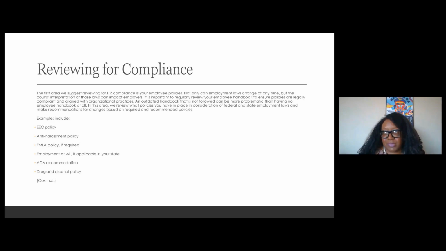We can try something and then roll it back and then fix it and adjust it and then roll it back out. But when we talk about compliance, we're talking about what the law says must be done in that equitable hiring process. And remember, how the law defines equitable hiring practices is reducing barriers to qualified candidates, right?